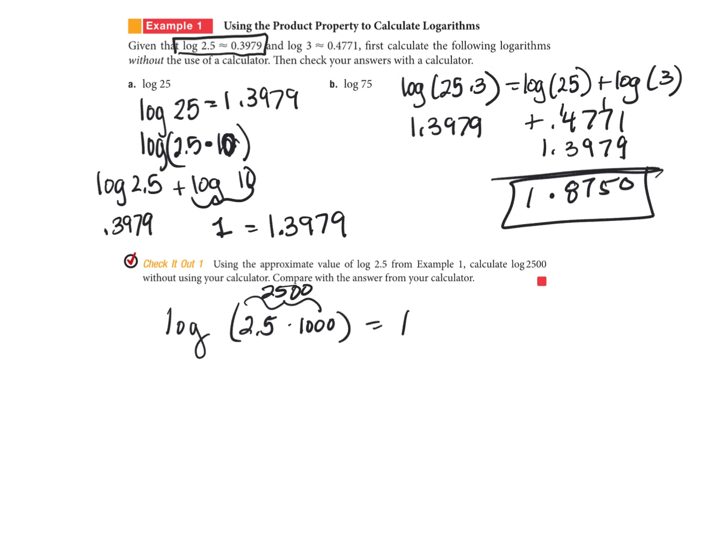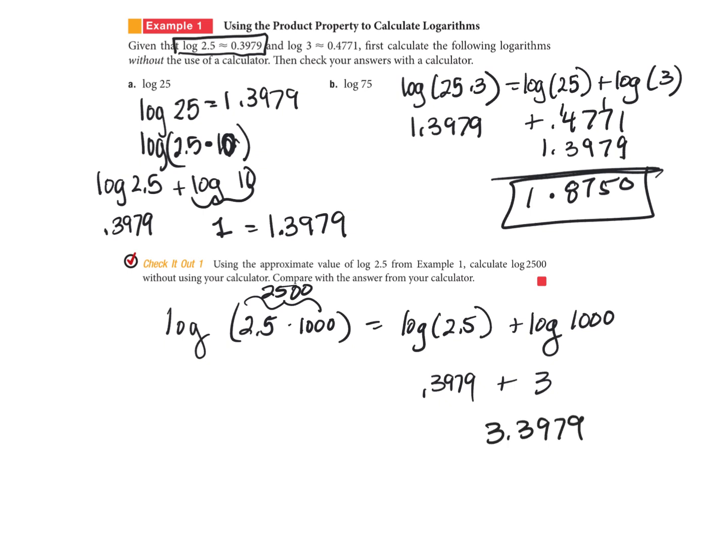So this is the same as log 2.5 plus log 1000. Log 1000 is 3, and 2.5 is 0.3979, so this is going to be 3.3979, whatever that number is. All right, awesome.